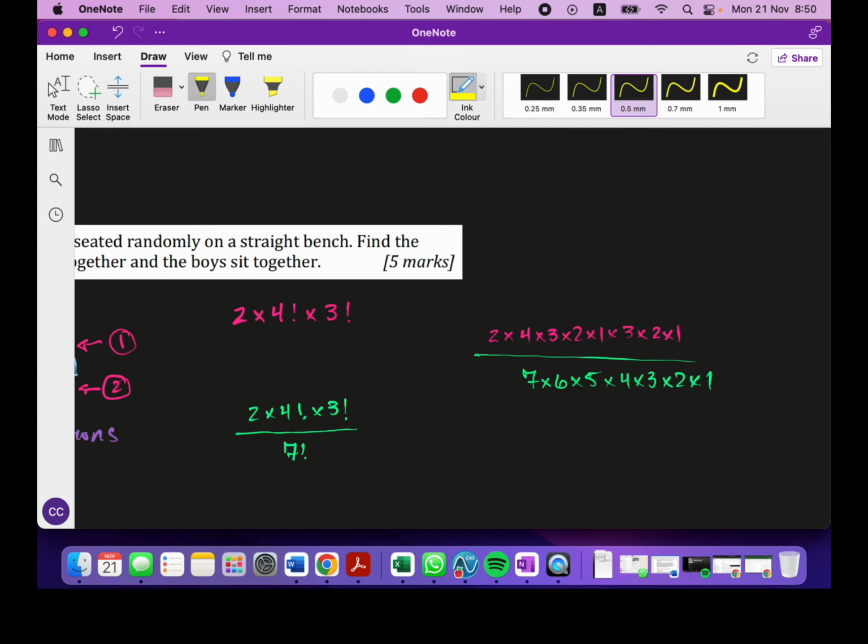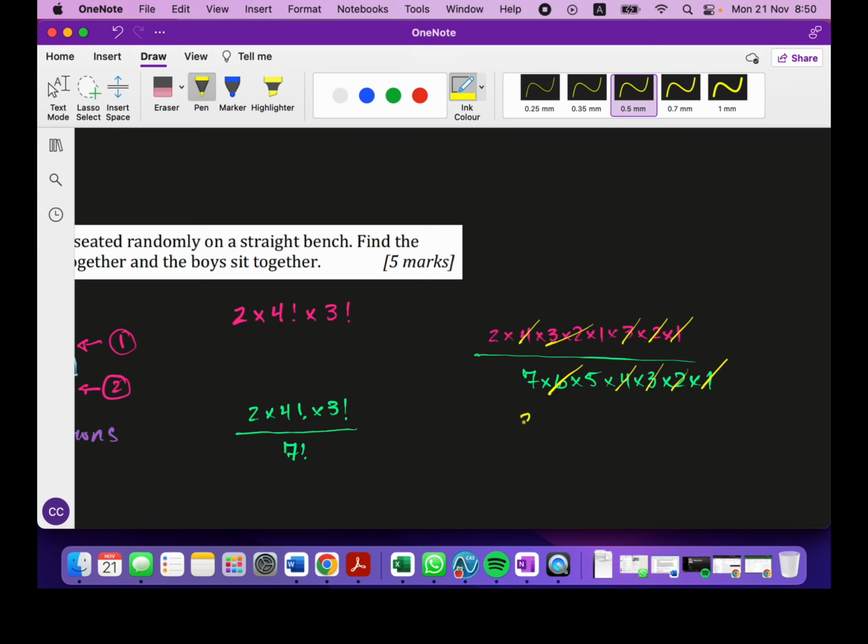But if we write it out in expanded factorial notation, it's not that horrible. So that 2 cancels, the 1's cancel, obviously. 3 cancels, got a 4 that can cancel. 3 times 2 is 6. And I can't go any further.